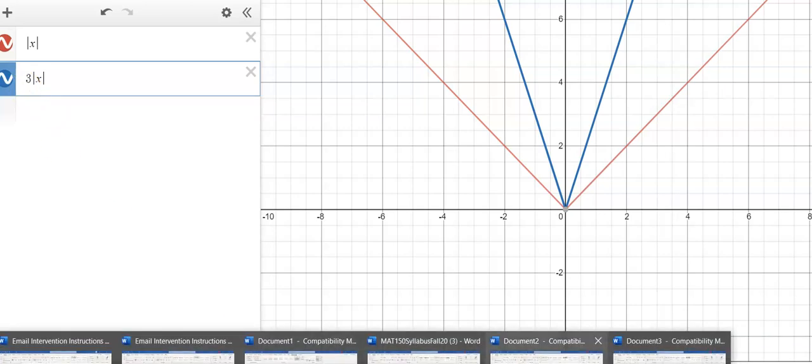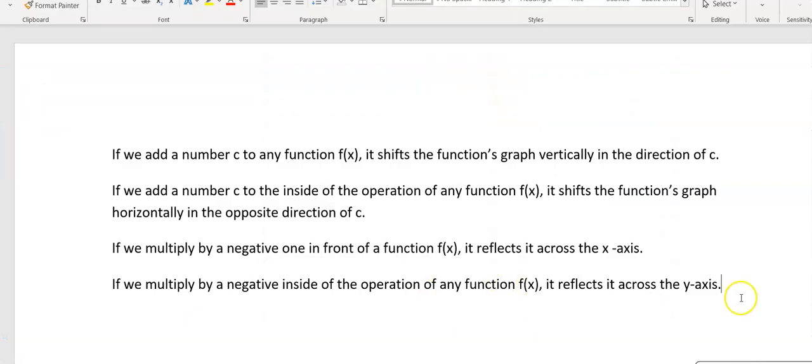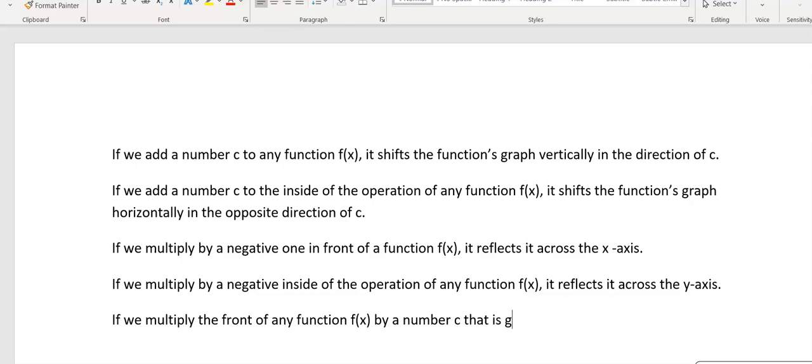All right, so let's summarize this. If we multiply the front of any function f of x by a number c that is greater than 1, it gets stretched, moves closer to the y-axis.